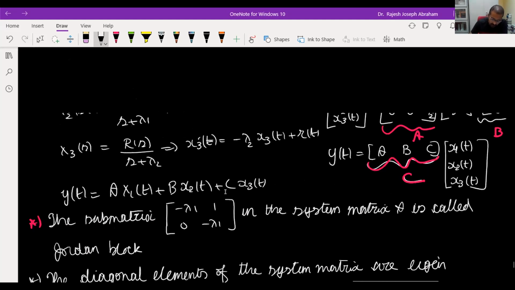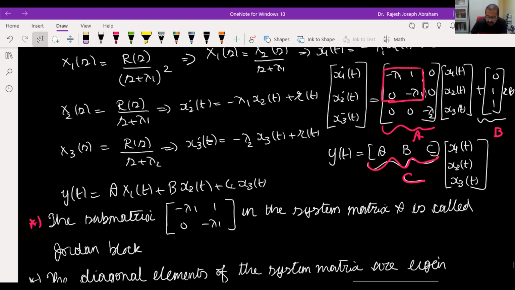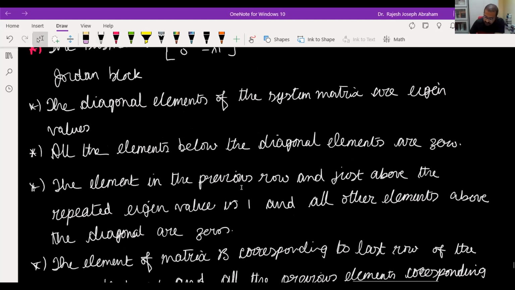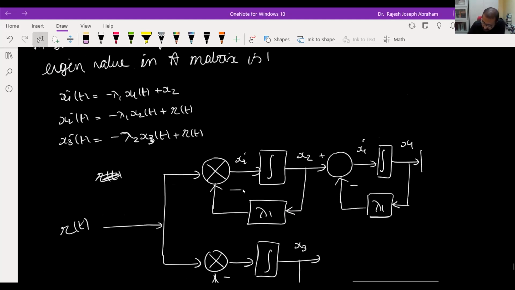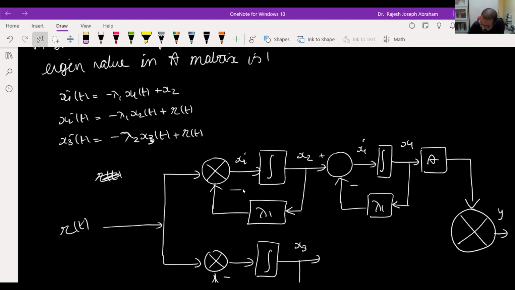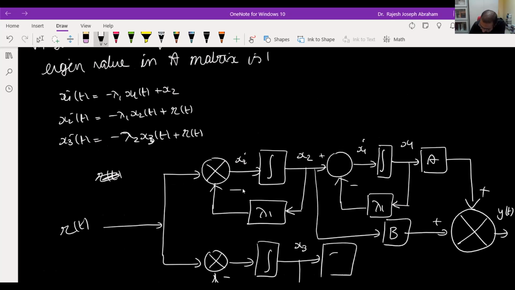From here you will get y of t as a x1 plus b x2 plus c x3. So here is our A matrix. We should come to a summing point. This is y of t, a x1 plus b x2. So here I can have a gain b, and it's being added up here, and finally there's a gain c here, which is being added here.